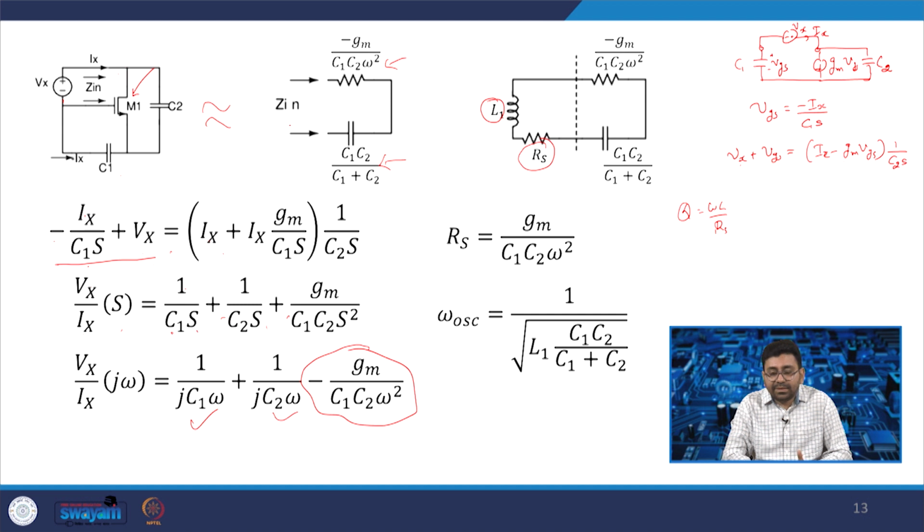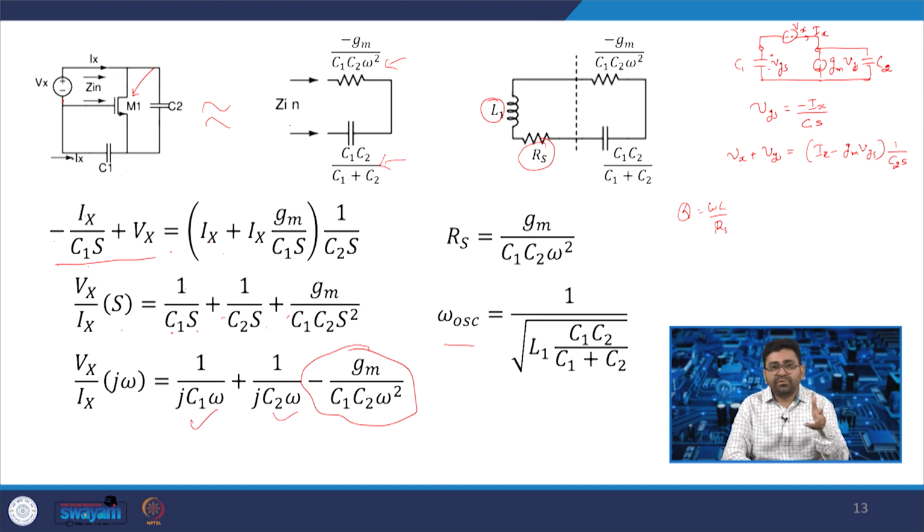If this Rs is equivalent to Gm by C1 C2 omega square, then we will get oscillation, with omega oscillation equal to 1 by root of L1 C1 C2 upon C1 plus C2. So, this is how we can use a tank circuit made up of an inductor and capacitor to design the oscillator.